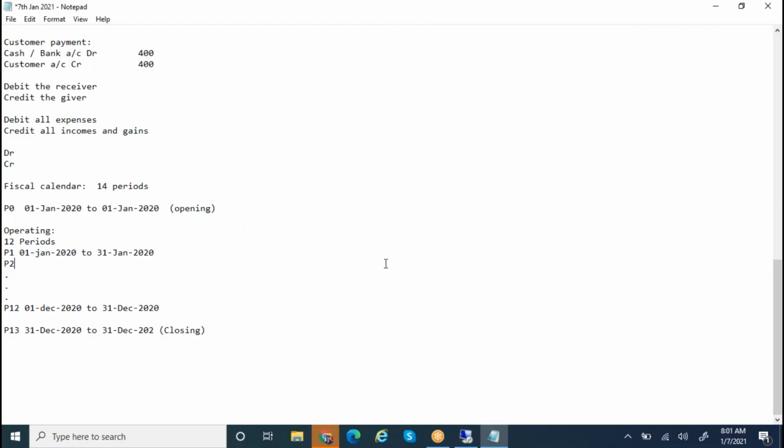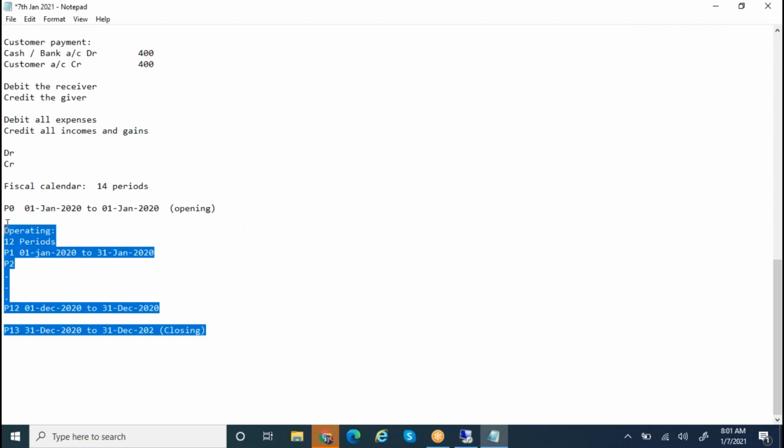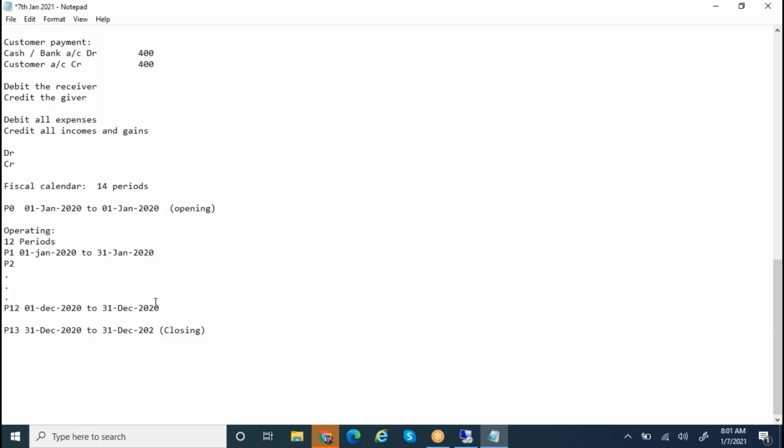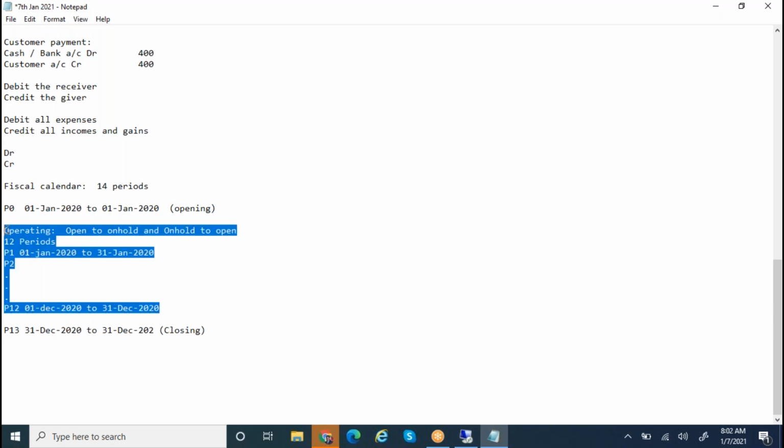Fine. So this is about the small function of the fiscal calendar. By default, these periods will be open. You can make them open to on hold and on hold to open. This will happen for these periods.